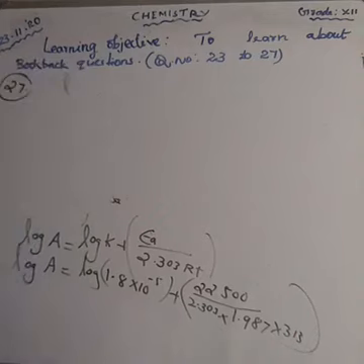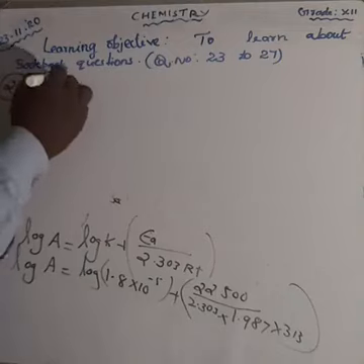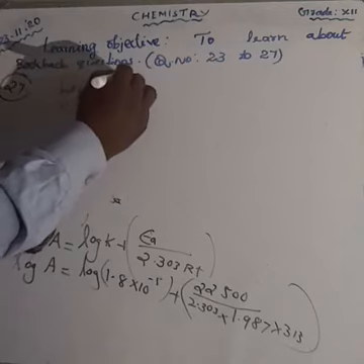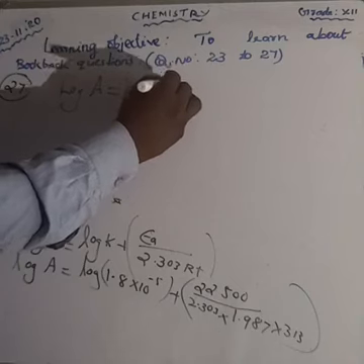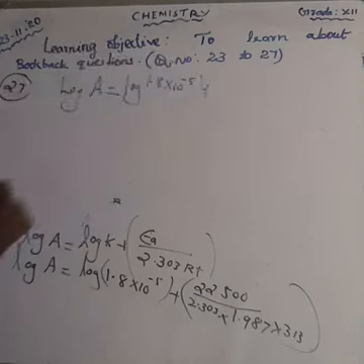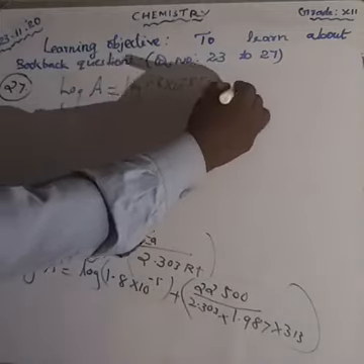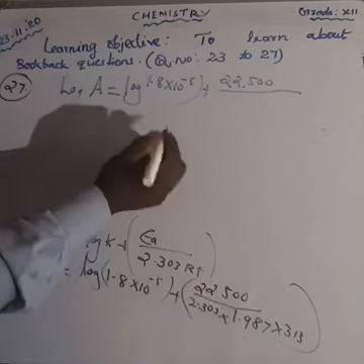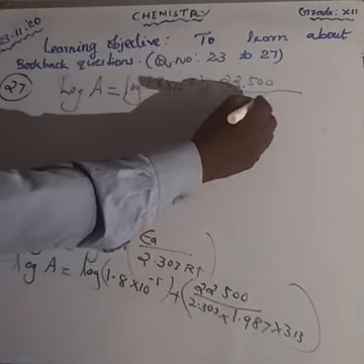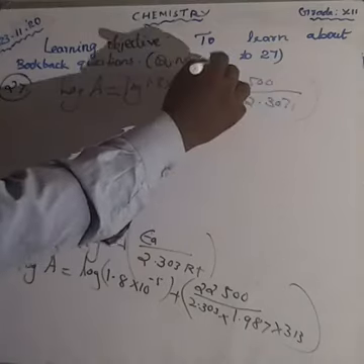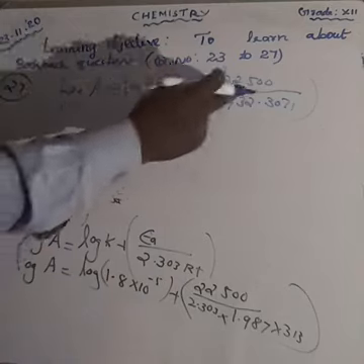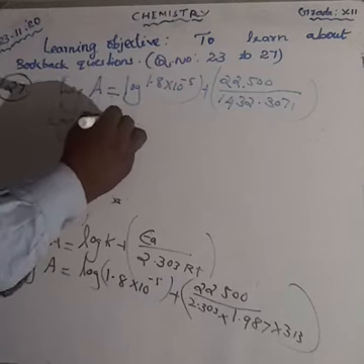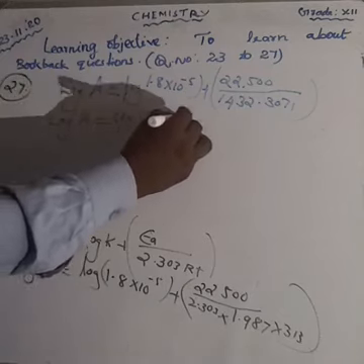Log A is equal to log 1.8 into 10 raised to minus 5 plus, we are multiplying, the answer is about 1432.307. Next, you have to divide 22,500 by it.